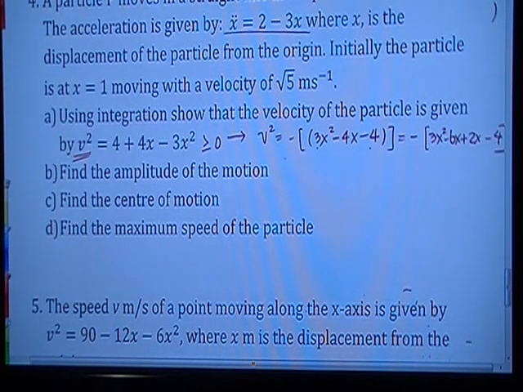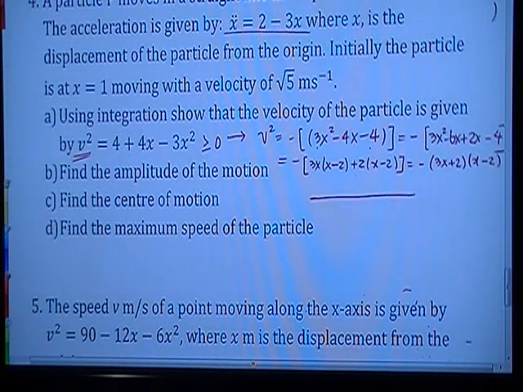And you can factorize that. It equals minus 3x plus 2, x minus 2, plus 2 x minus 2, which equals minus 3x plus 2 times x minus 2.